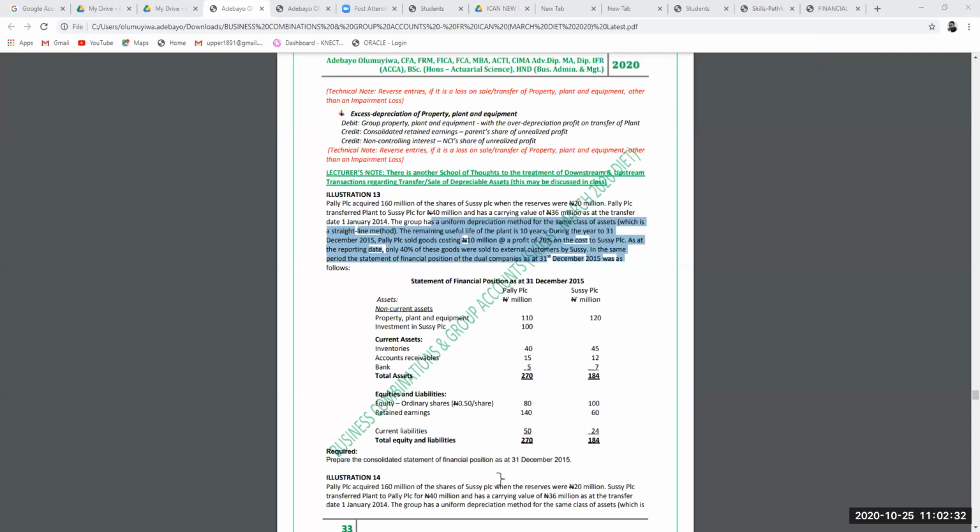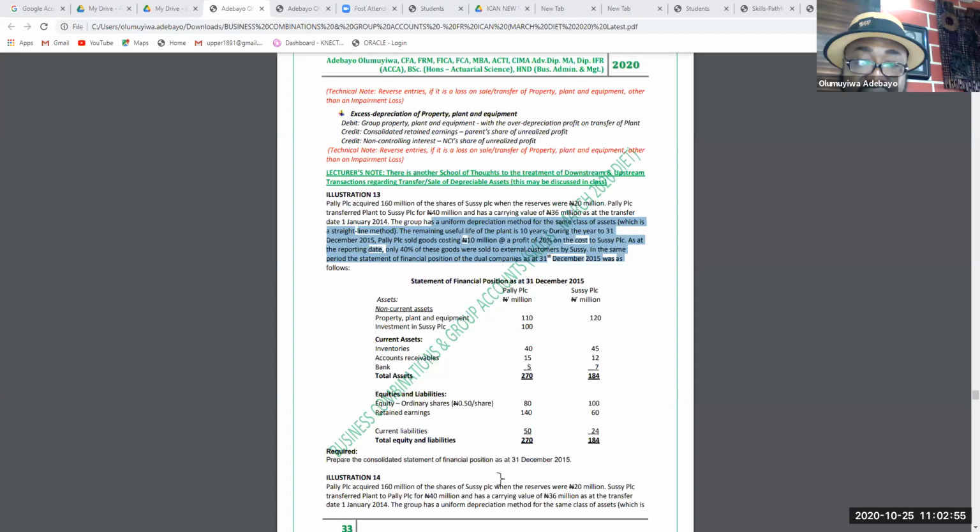We have a transfer of PPE, a transfer of plant to Suzy, and also a sale or transfer of plants to Suzy.